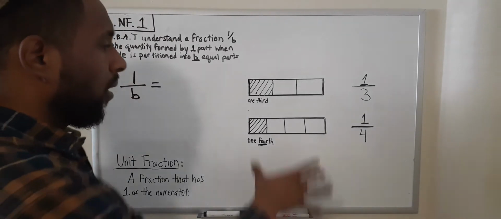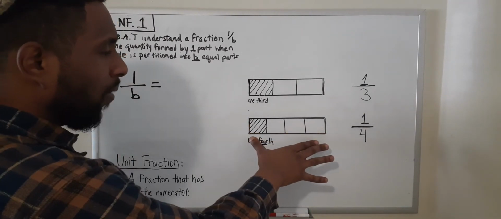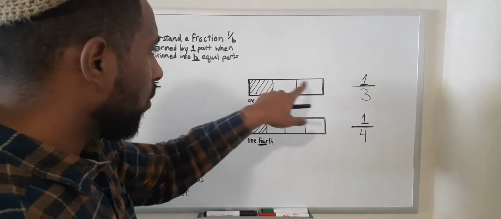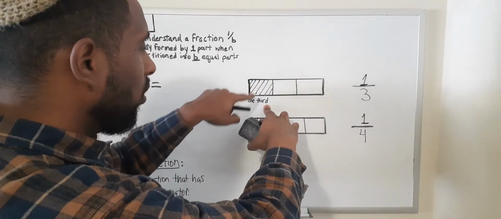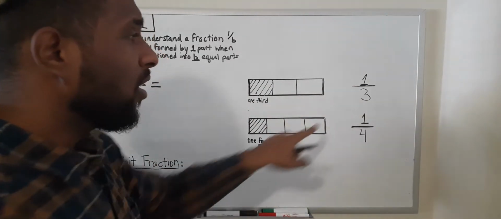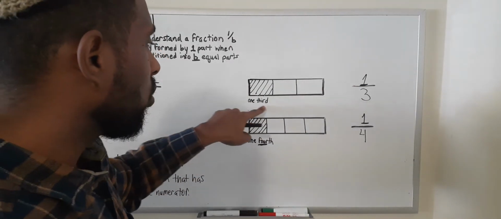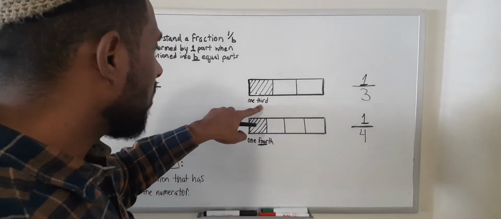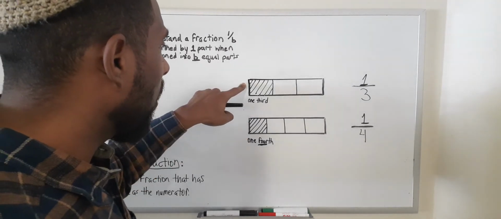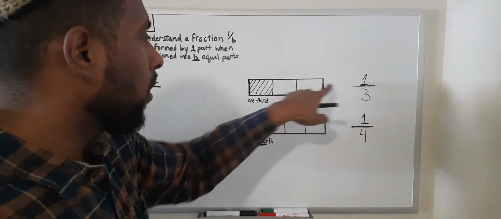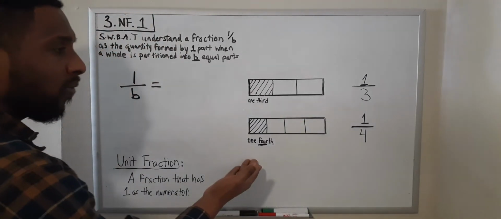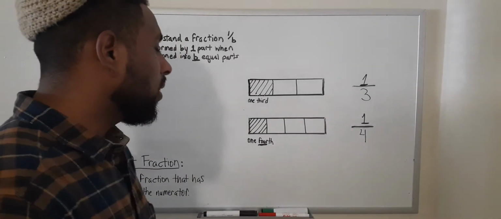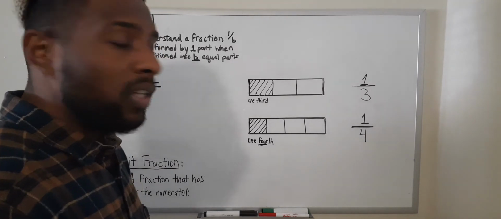So I have a visual representation. I have a model where I have 1/3 shaded. I have it written in unit form. The value of 1 unit is 1 third. And my unit fraction is also showing the same thing as my unit form and my model that I have shaded. I have 1/3 shaded. We can see the same thing down here for our tape diagram that is partitioned into fourths.